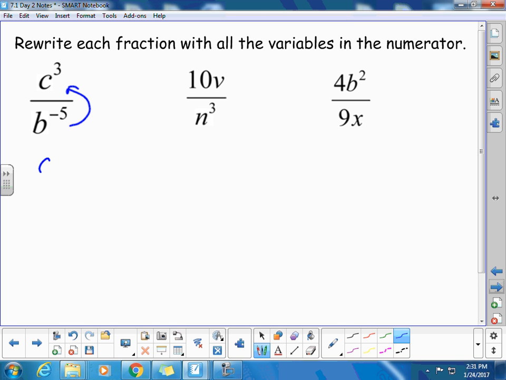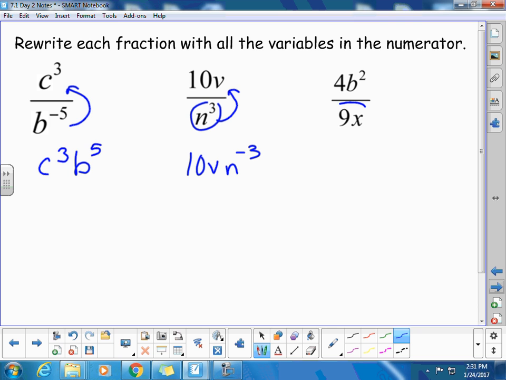So I'd have c to the third, b to the fifth. Rewrite each fraction with all the variables in the numerator. Oh, so we're just moving everything upstairs here. No matter what, they want us to move everything upstairs just to practice moving things around. So if I move this up, I have to change it to n to the negative third.